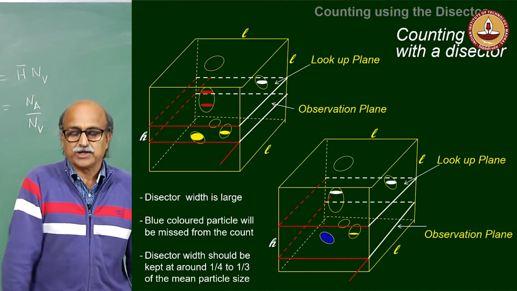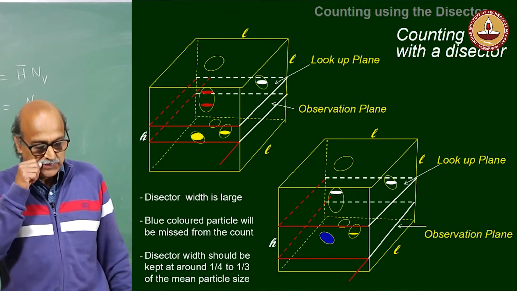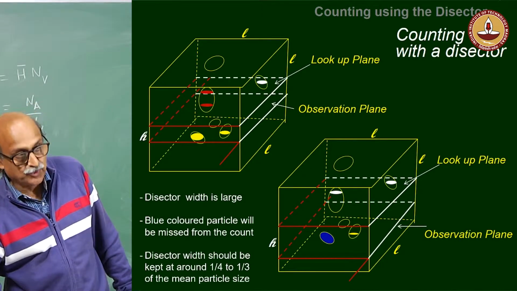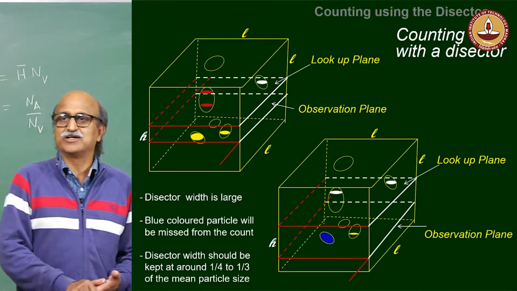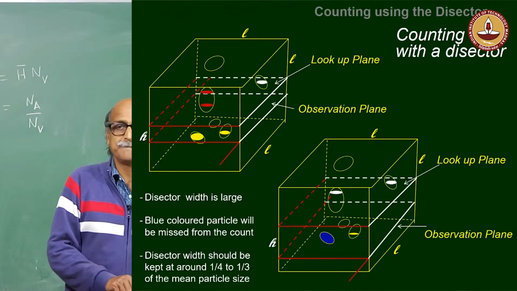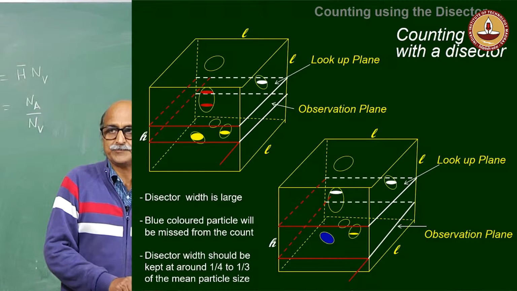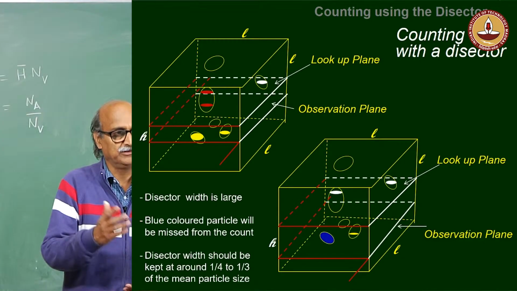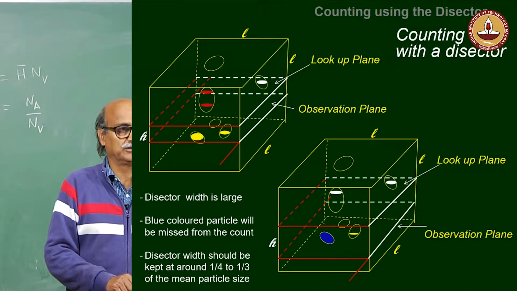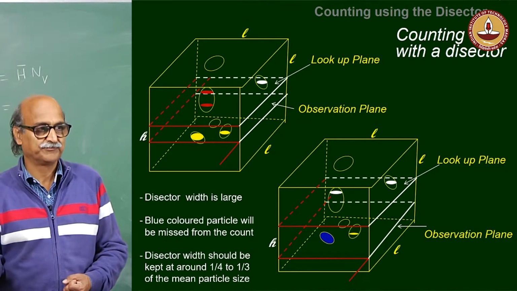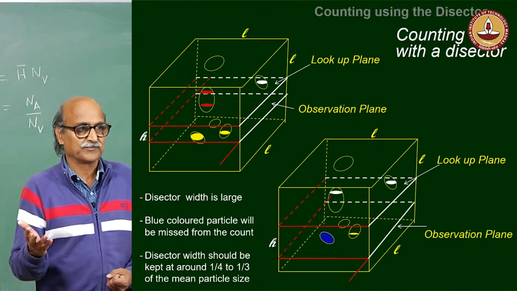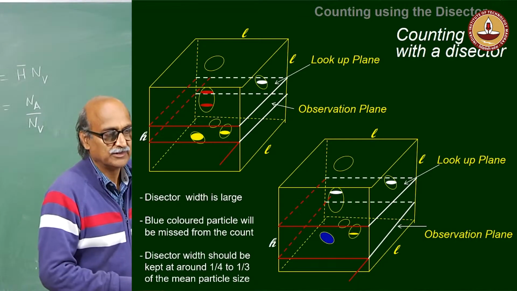Now, let us look at how we can obtain the value of H. What could be a method of getting an accurate value of H? Anything you can think of? Take a FIB.